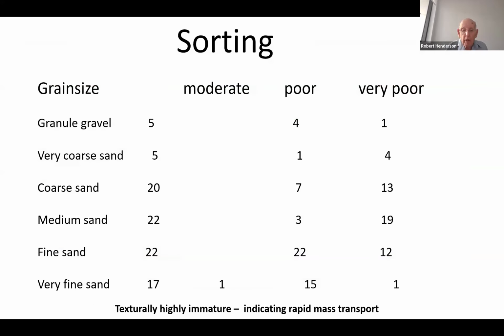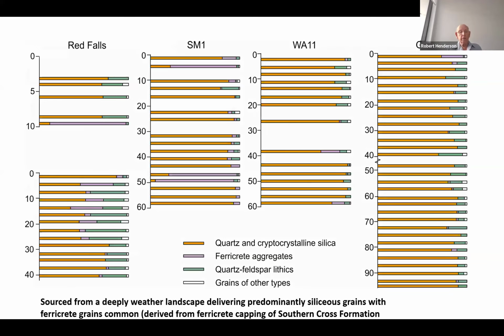Well, what we conclude is that this sediment system was developed off a very deeply weathered landscape. All the labile components of bedrock in the landscape have been taken away, and we're left with predominantly just quartz and ferricrete aggregates.